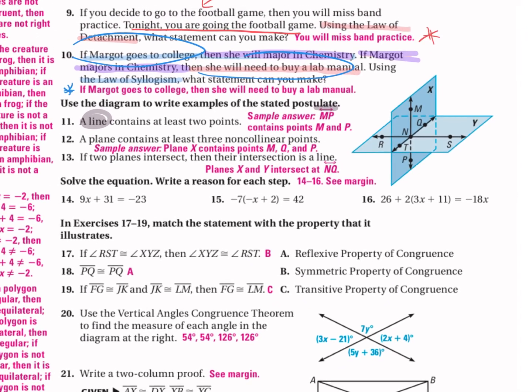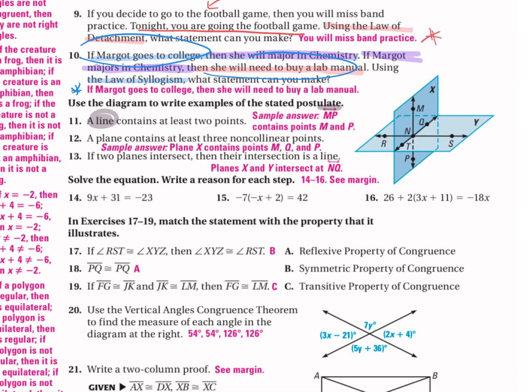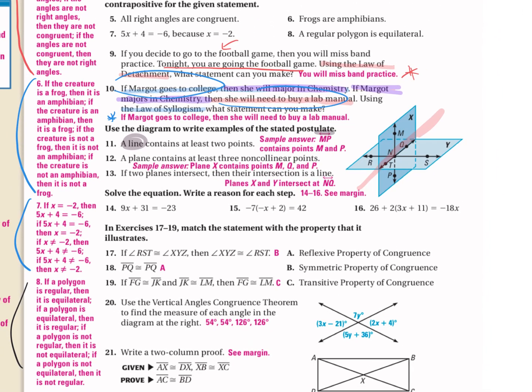And then the last one, 13, it says if 2 planes intersect, then their intersection is a line. So plane X and Y intersect right here at line NQ. You could have also named it TQ or TN, any 2 points on that line. Then the next one, this is where we were introduced to your algebra proofs.